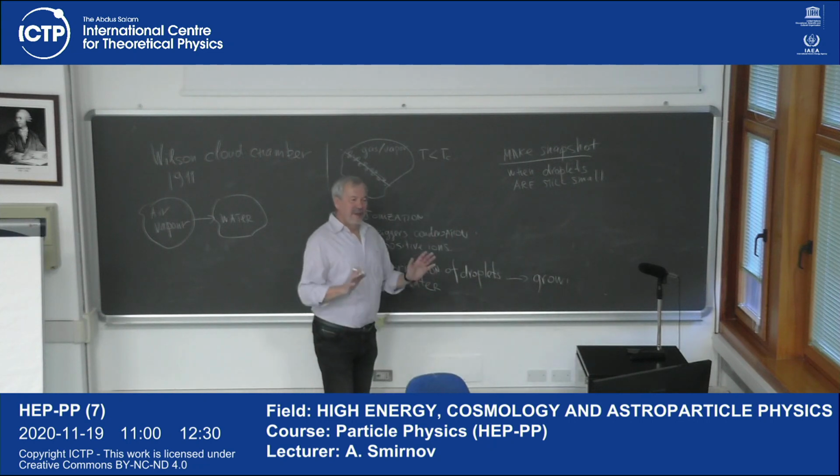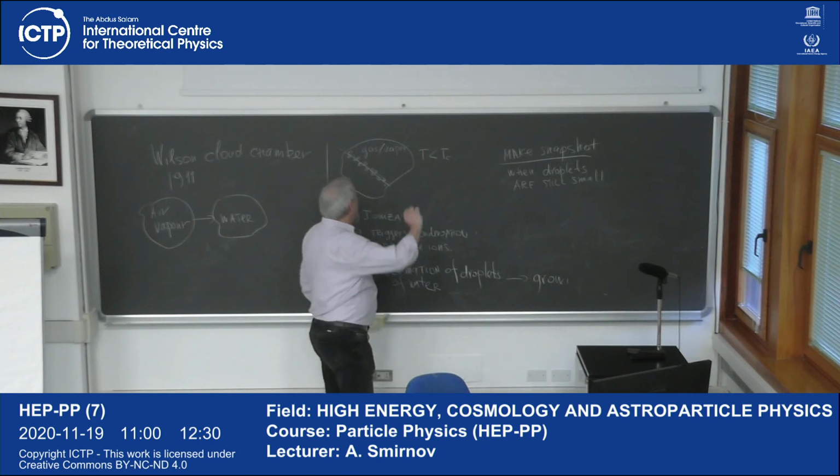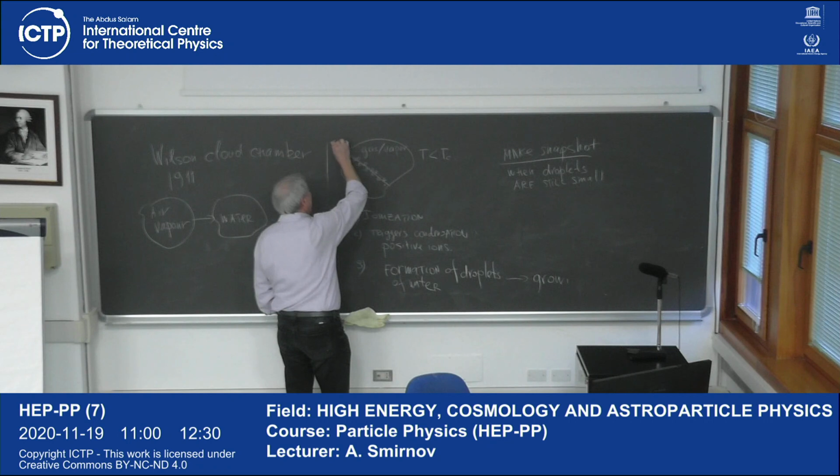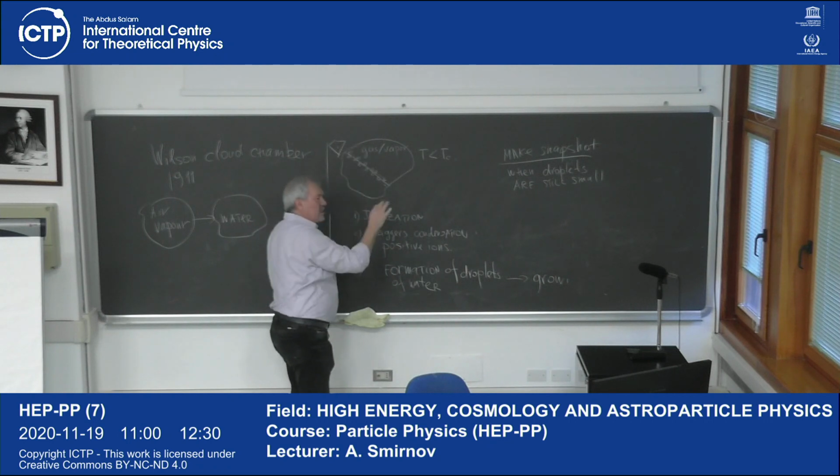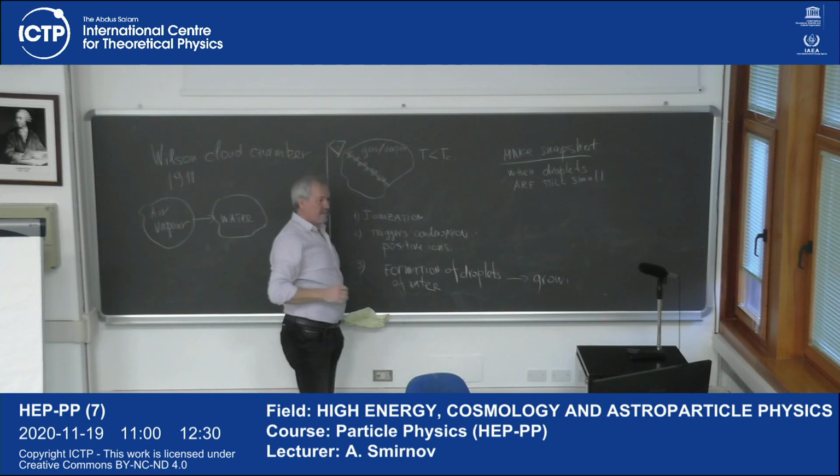Okay, so what people did in the early days, they just took photos randomly. They didn't know when the particle crosses. And of course, in many of these photos, there is nothing, it's just empty. But if you are lucky, in some of these photos, you may see the tracks. And that's actually how the first discoveries were made, just randomly. Nowadays, what we are doing, we are putting another detector here, which registers that some charged particle enters your main detector.